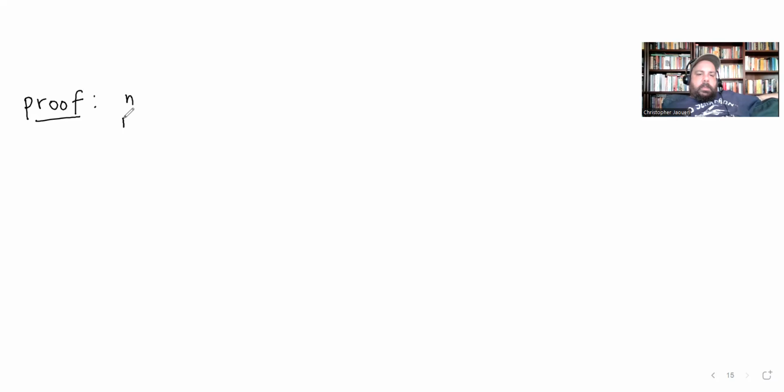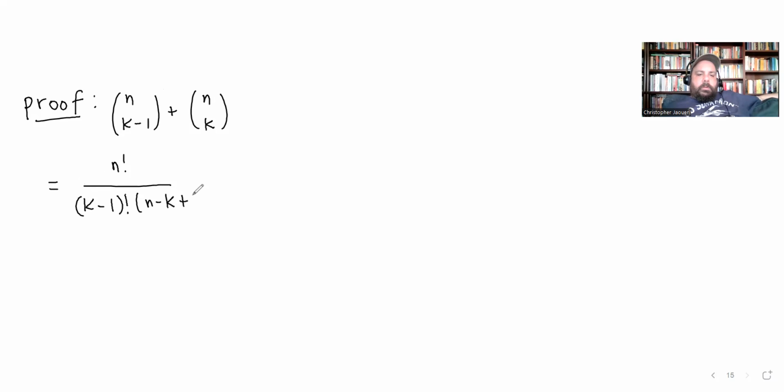So if we look at n choose k minus 1 plus n choose k, then by the definition, this is n factorial divided by k minus 1 factorial times n minus k plus 1 factorial, plus n factorial over k factorial times n minus k factorial.